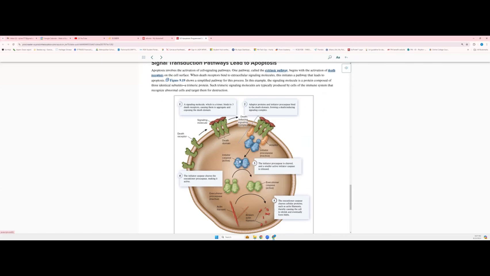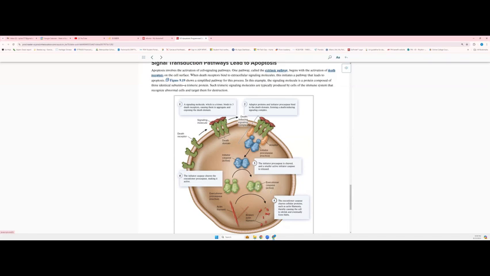Because of the generation of this active initiator caspase, it will help to cleave this executioner pro-caspase, right? And then it will generate the executioner caspase like this.